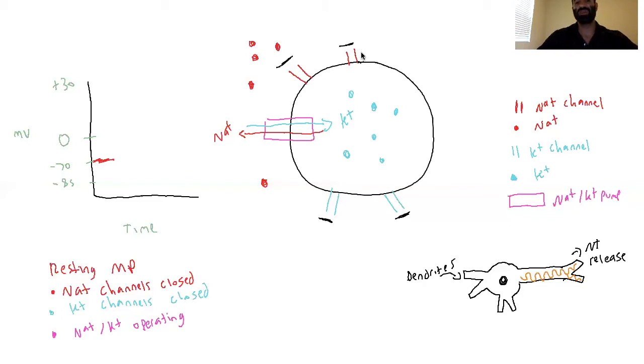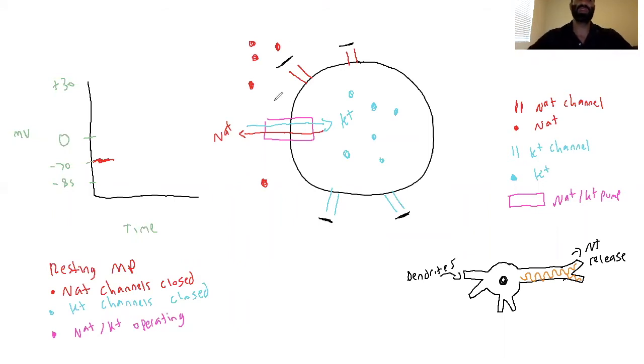Well, let's brainstorm some ideas. Let's say I decide to open up the potassium channels. I'm going to take my eraser here. We're going to open up the potassium channels. You might be thinking, well, that would work. Let's think about that.